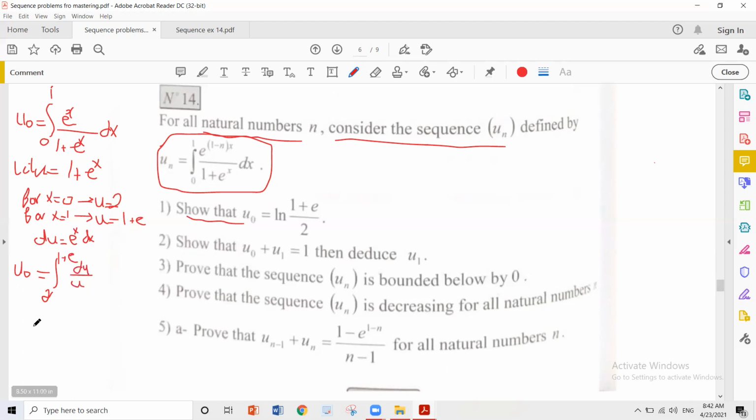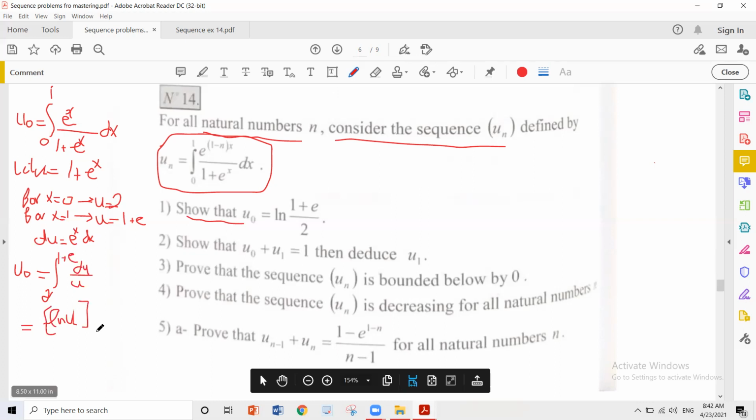What is the integral of du over u, guys? Equals ln u between 2 and 1 plus e, equals ln of 1 plus e minus ln 2. Ln a minus ln b is ln a over b, so it equals ln of (1 plus e) over 2.